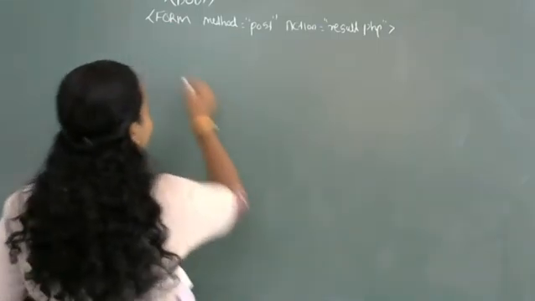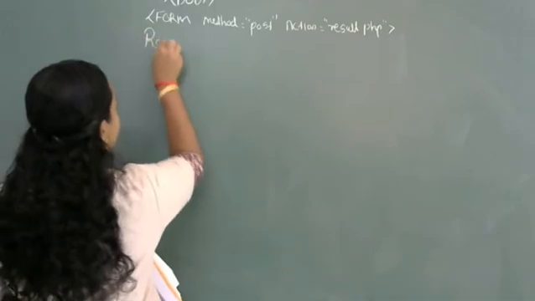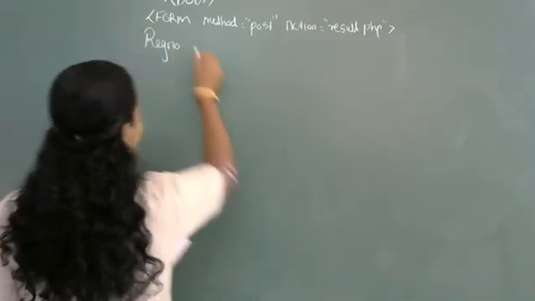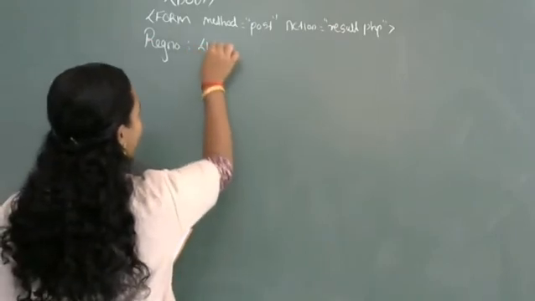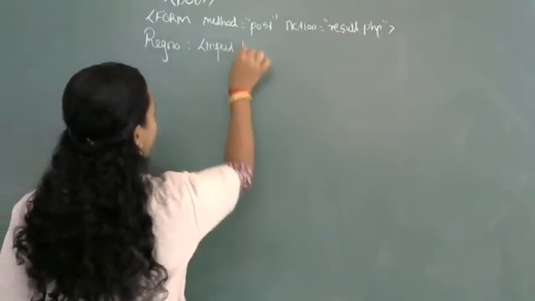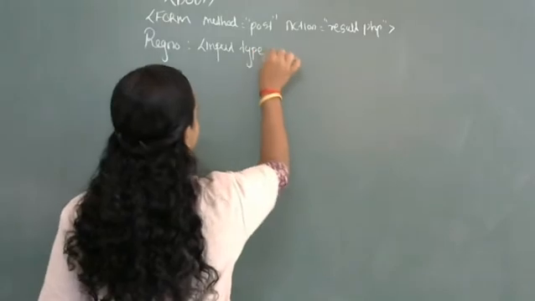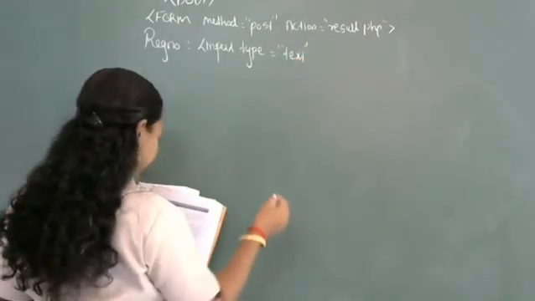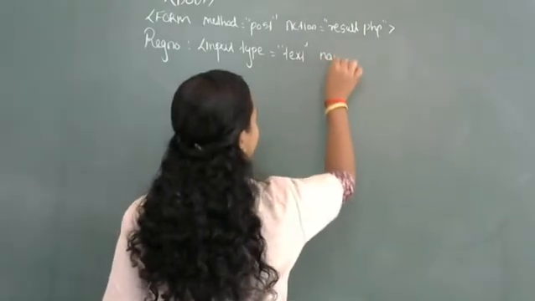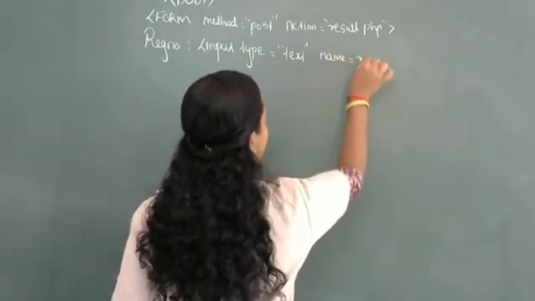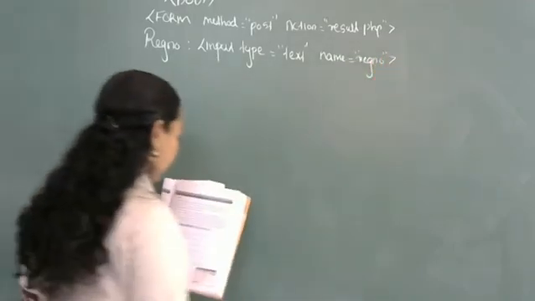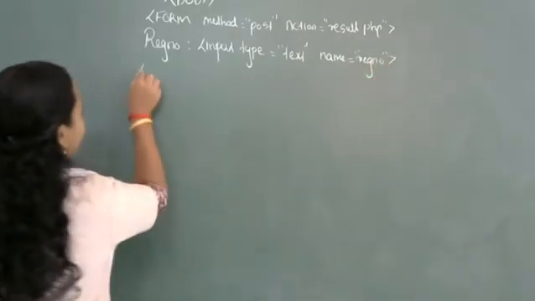Then the first one is register number. I am going to write the register number, colon, input type equal to text. Then I give the text box name equal to register number, the same name. Then BR.